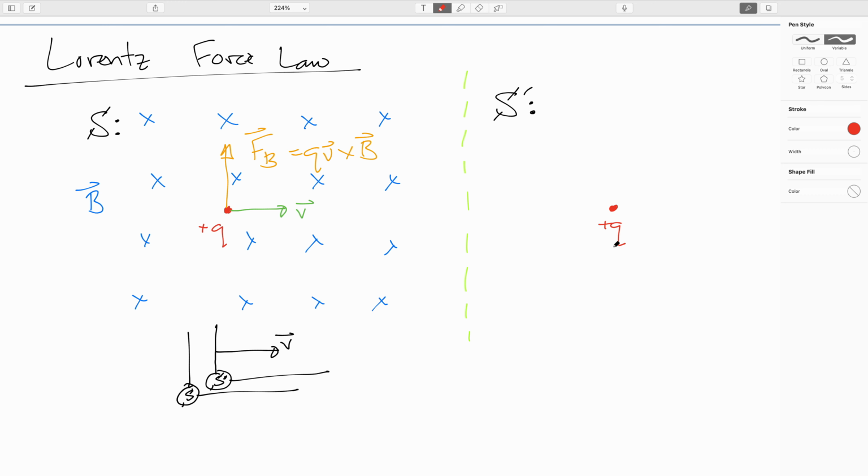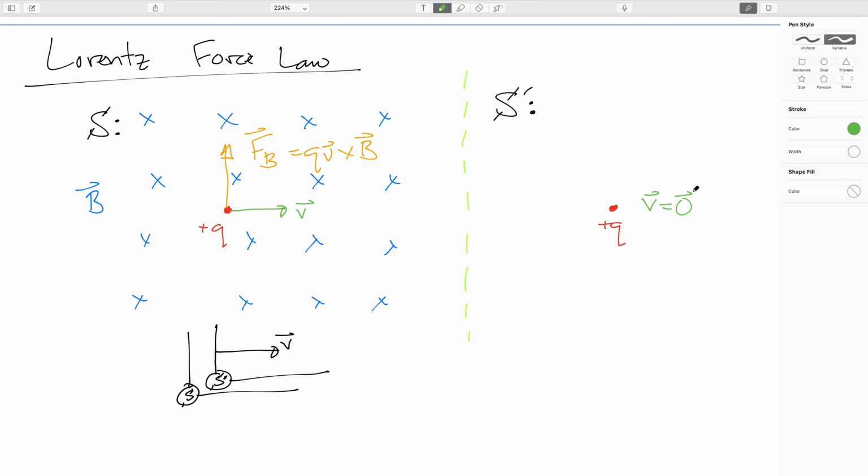Well, first off, let's just say, since we agree that in S prime's universe, the velocity of the charge is 0, how big of a magnetic force will S prime say the charge feels? Yeah, 0.